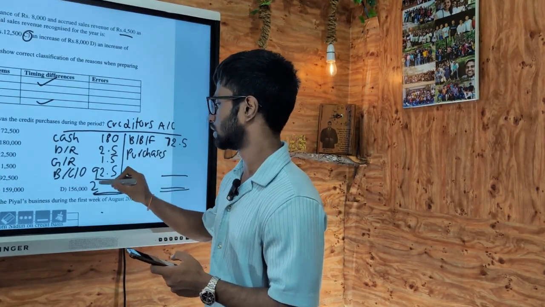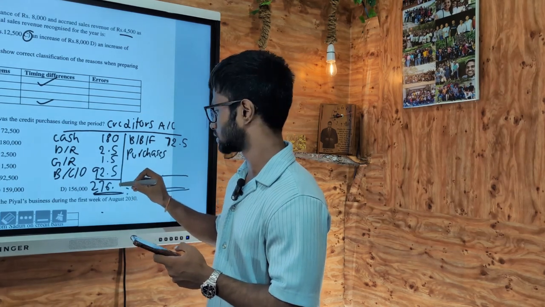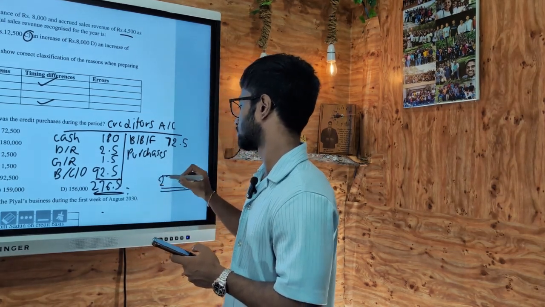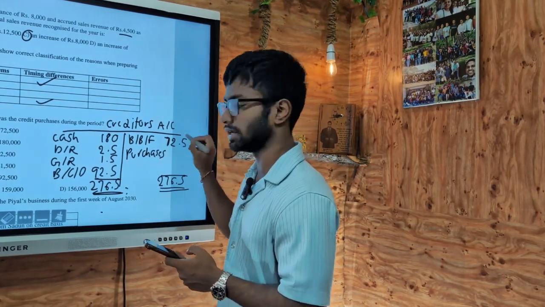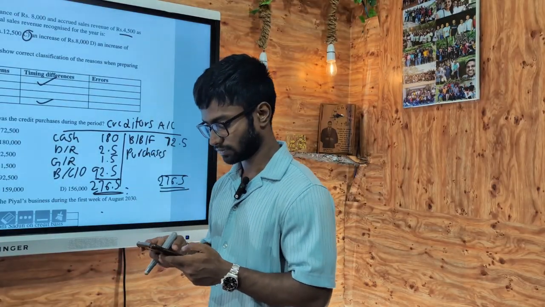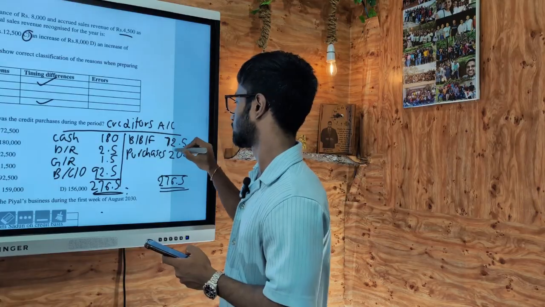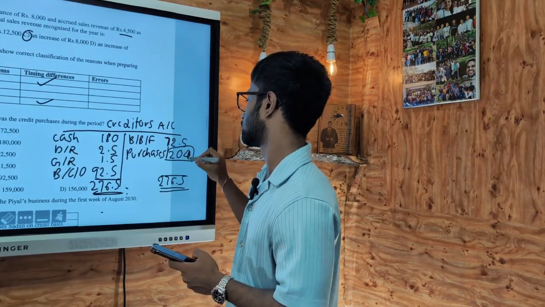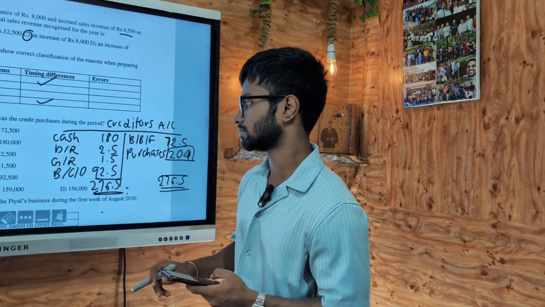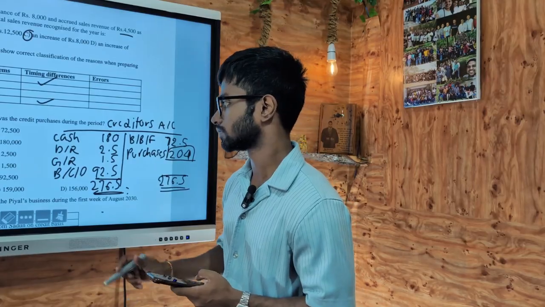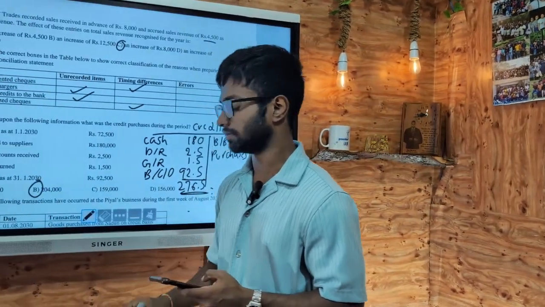Then you get 276.5. 276.5 minus 72.5. Then we get 204 as your purchase. That is answer number D.